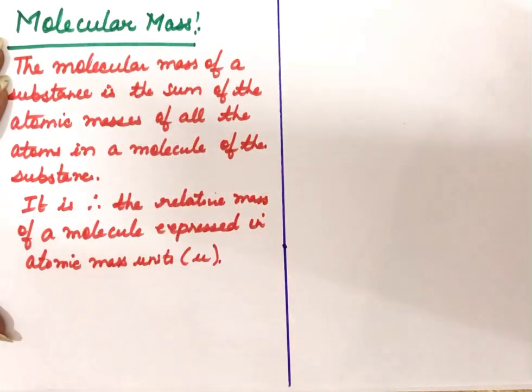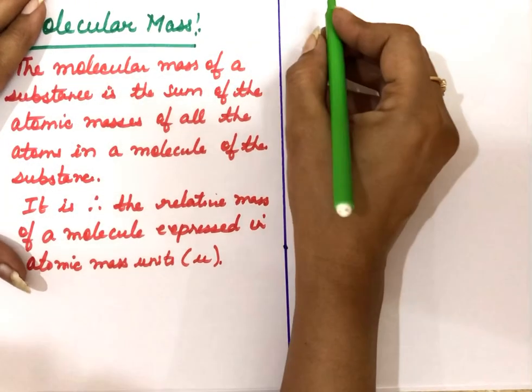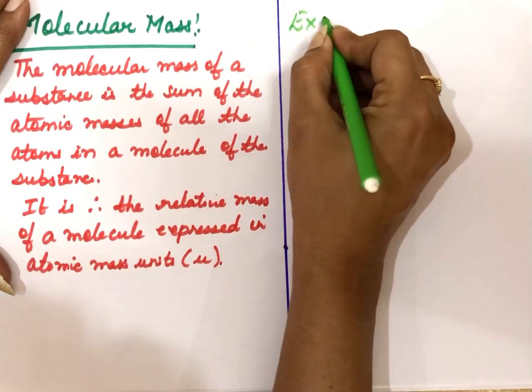To understand what is this molecular mass, now I'm taking one example to calculate the relative molecular masses of some substances, and from that example it will be clear to you.